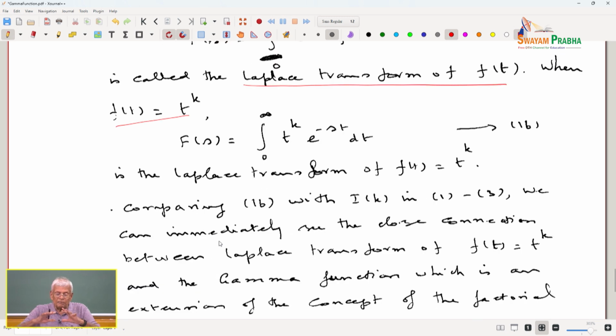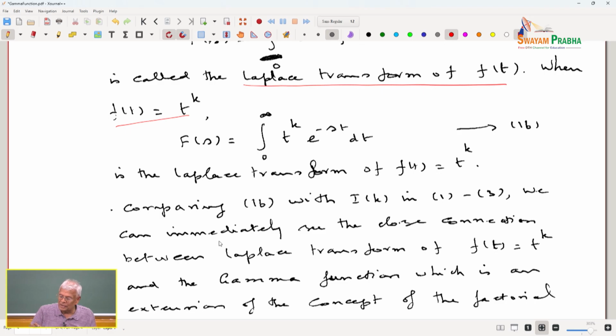Even though they have same roots in terms of the definition of the integral, the applications of Laplace transform, and the applications of the definition of gamma function to factorial notation, computing the volumes of spheres and so on, they are different.